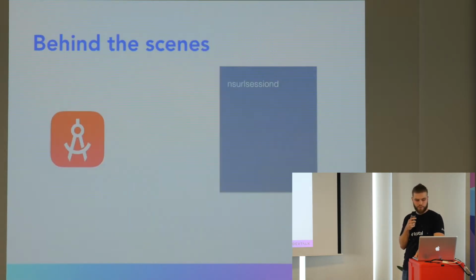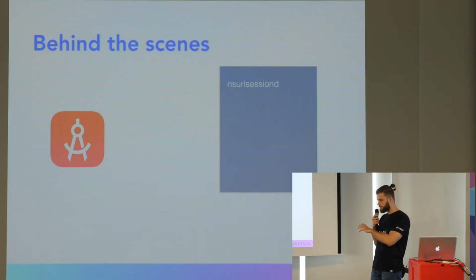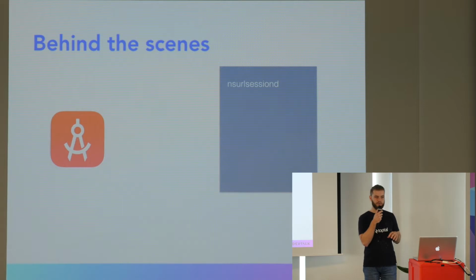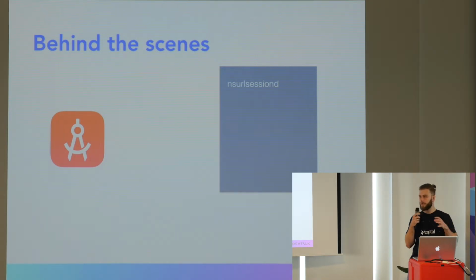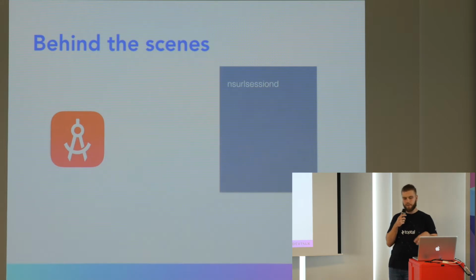Just to understand how it works underneath, I will tell you more about the interactions between your app and iOS. If you have a MacBook or Mac Pro, you probably see a process called NSURLSession D on your Mac.